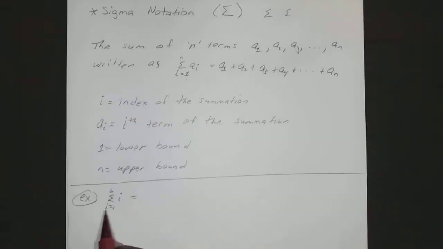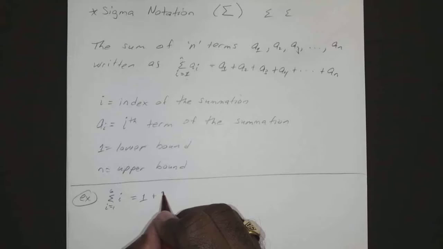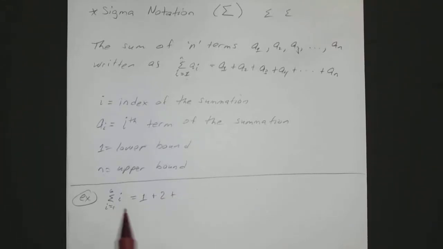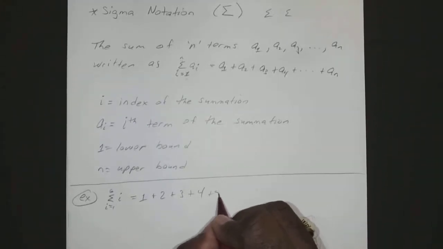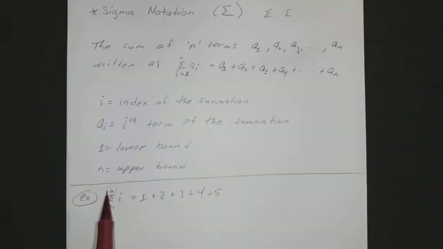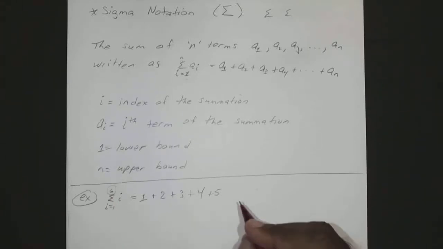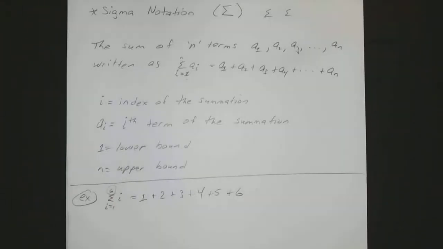That just means you're going to replace I with 1, plus you're going to replace I with 2, plus you're going to replace I with 3, plus you're going to replace I with 4, and then you're going to replace I with 5, and then you're going to go all the way up to 6, and then stop. Okay. Sometimes they'll ask you for the actual answer after doing all that, but here it's just kind of a process thing.